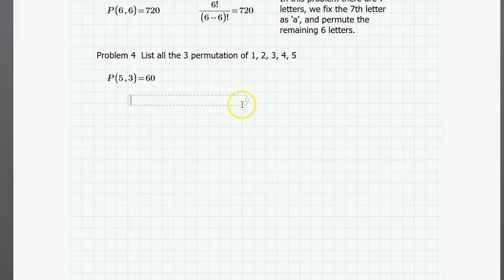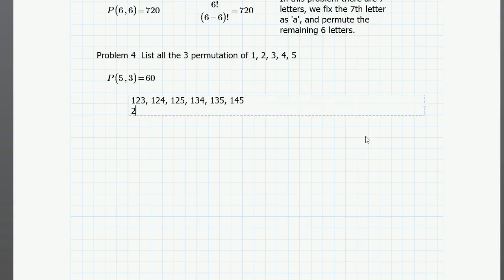All right, let's see what we got. We're going to make ourselves a big old thing here. 1, 2, 3. 1, 2, 4. 1, 2, 5. 1, 3, 4. 1, 3, 5. 1, 4, 5. And those are all the ones that start with 1, I think. And that was how many of them? 5. So I have 12 more of these rows to go.